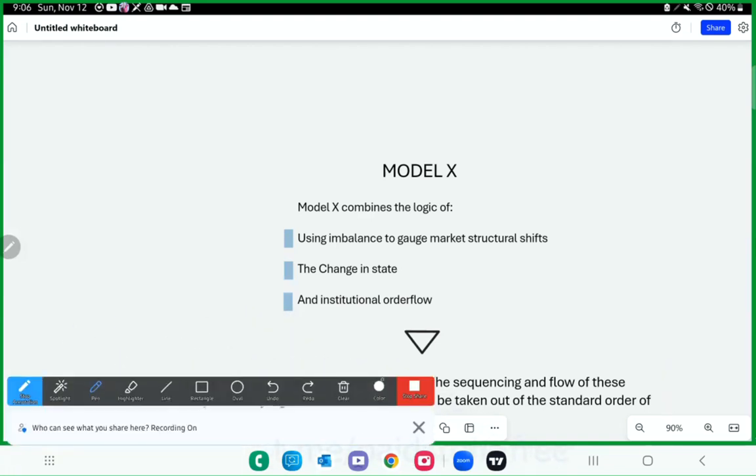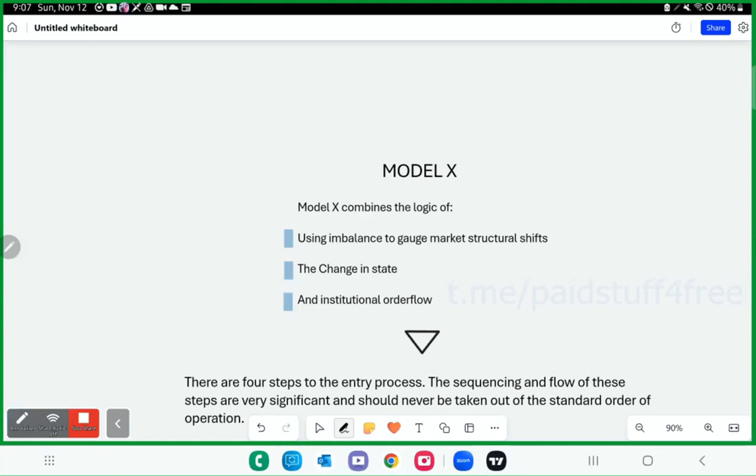So when I mentioned that everything literally points back to that very first fractal, this main fractal, as simple as this seems, there's so much you can pull out in terms of understanding the market from this one fractal. And that fractal is basically Model X.